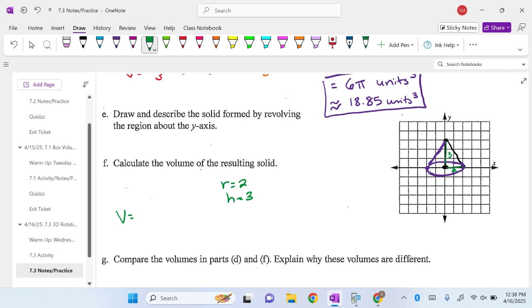Now find the radius and the height. The radius still 3? Can you do 4 times 12? Yep. But it's not the same as the previous one.